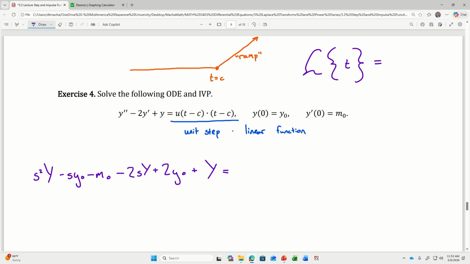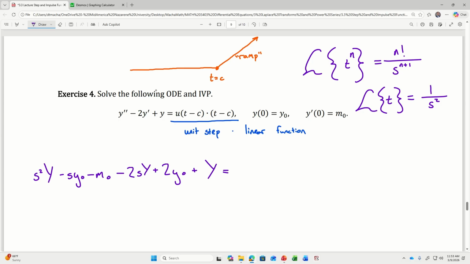But this time we have the variable t. Would it be 1 over s squared? Perfect. The Laplace transform of t to the n power is n factorial divided by s to the power n plus 1, right? That's what you see in your table. But in our case, we just have t to the 1 power. 1 factorial is 1, and 1 plus 1 is 2. So the Laplace transform I would need is 1 over s squared.